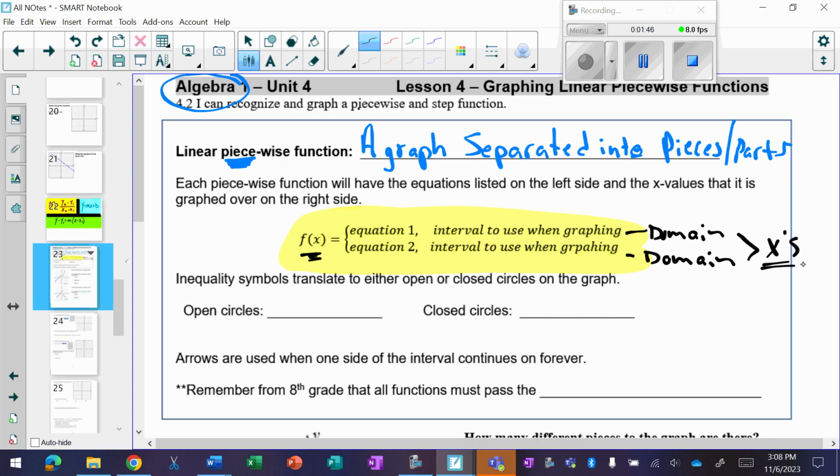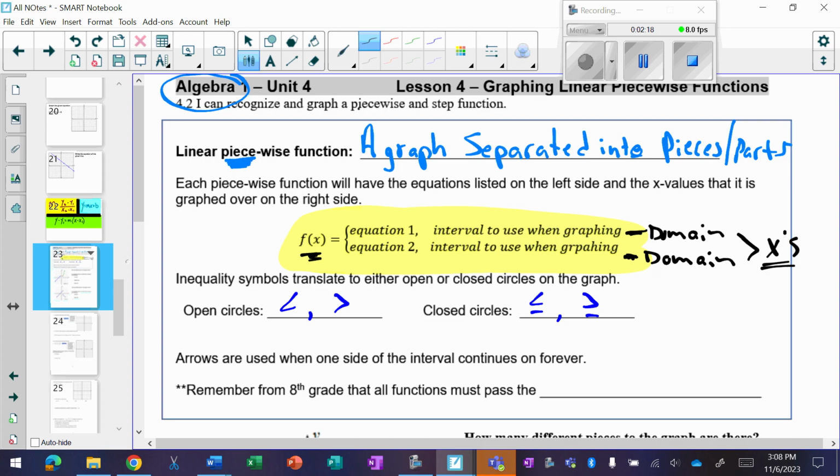Because our domain will be using inequality notation, we'll have open circles when we have the less than or greater than symbol, and closed circles if it's less than or equal to, greater than or equal to. You'll also see open or closed circles on the graph, just like the inequality symbols dictate.